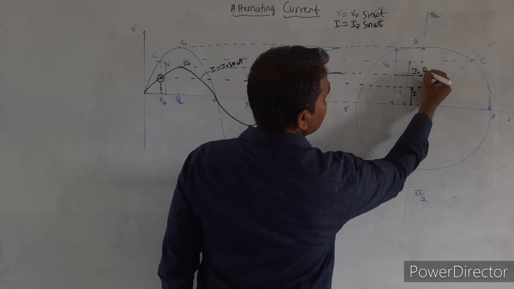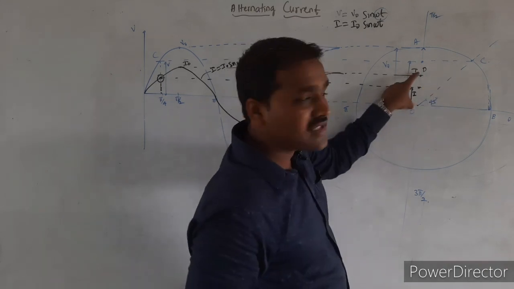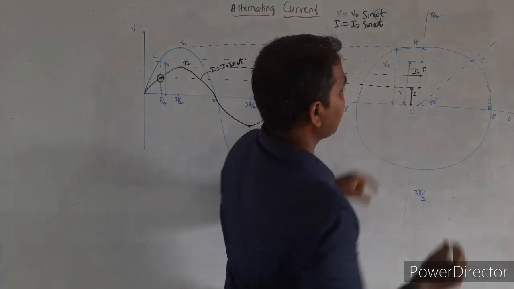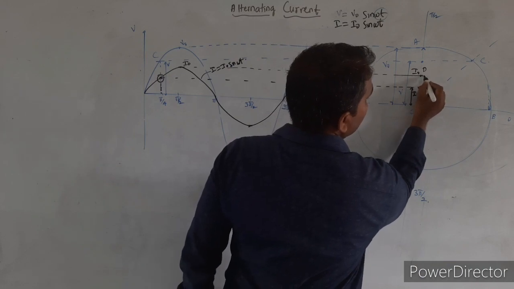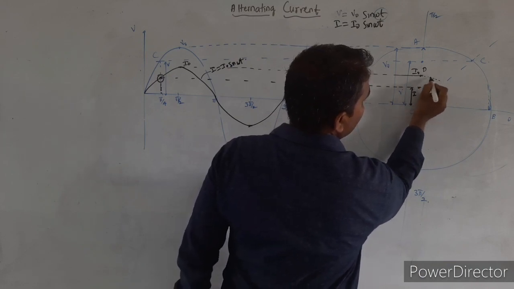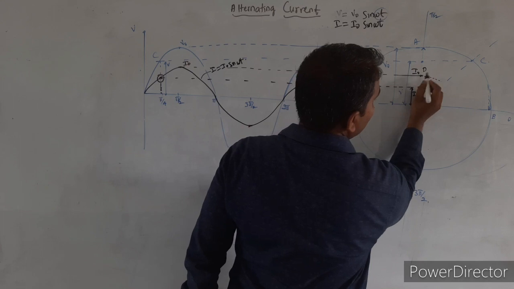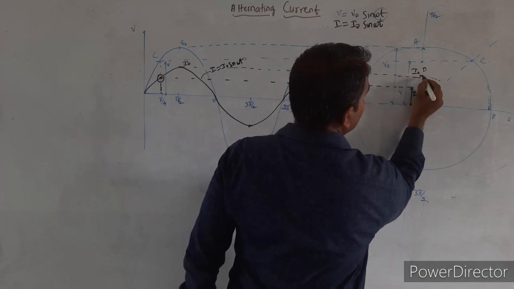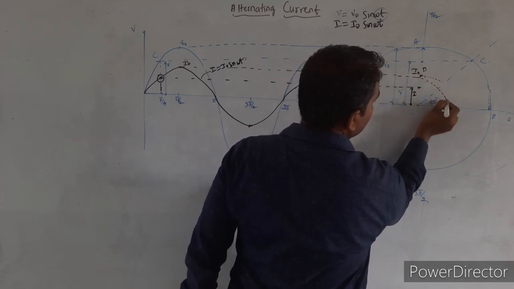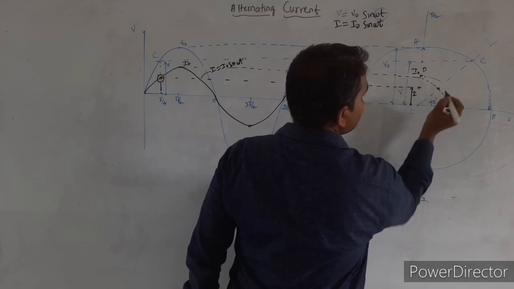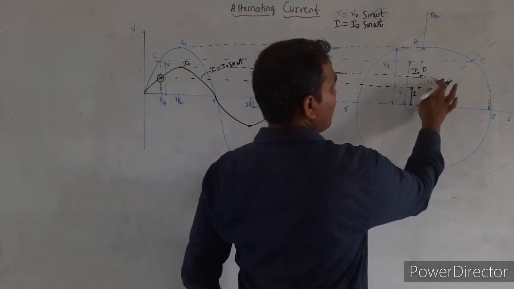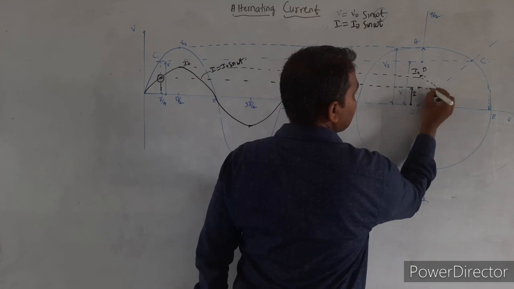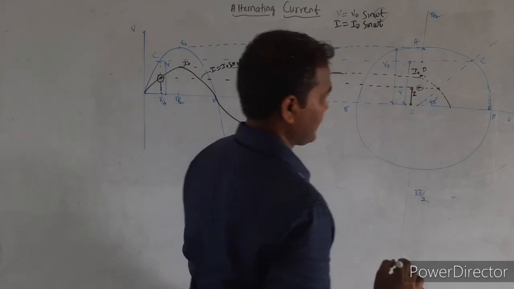So let me write it as O to D. O to D represents the phasor of alternating current. The same line will rotate for 45 degrees again. Yes, so if I project it here, I will get it somewhere like this. So this is the intersection point at an angle of 45 degrees. If I project it back, the same point I will get here.